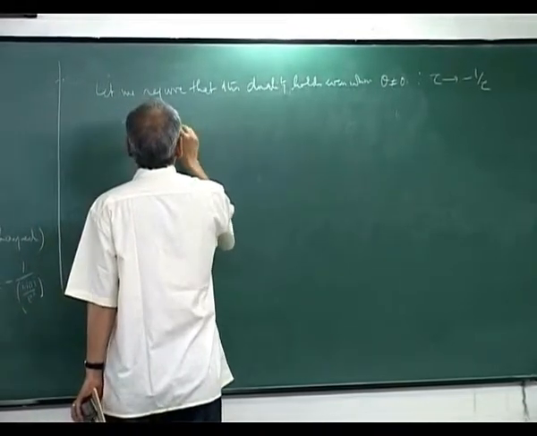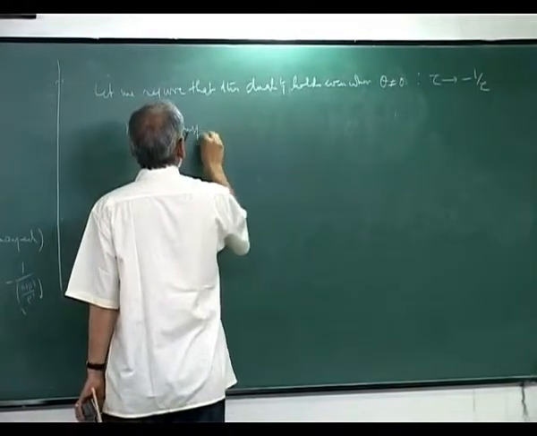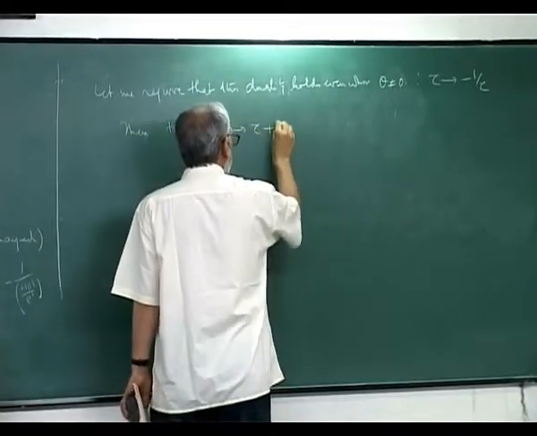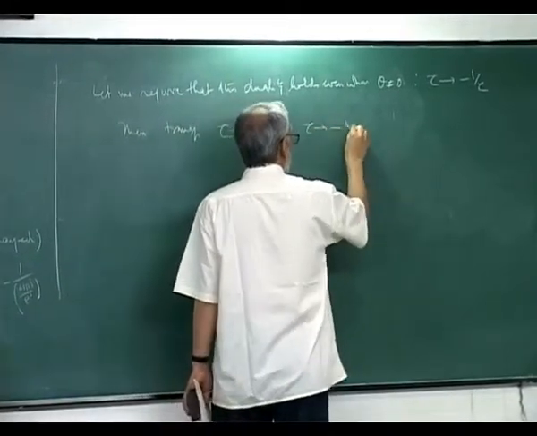Then transformations, tau going to tau plus 1 and tau going to minus 1 by tau.